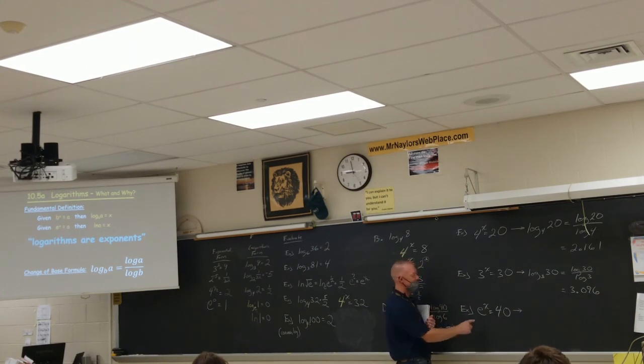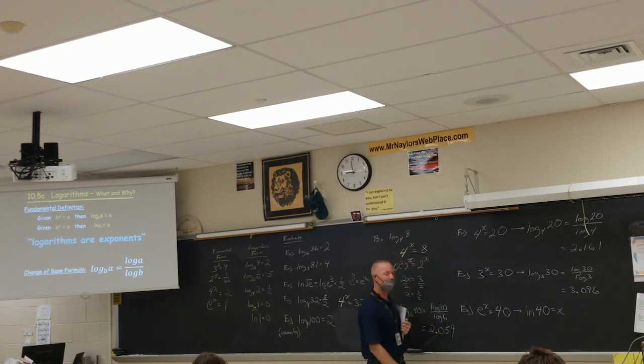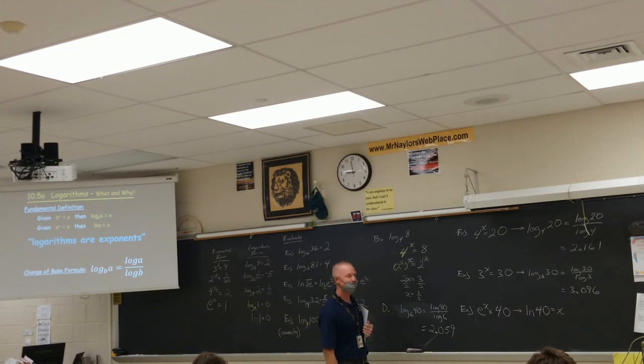But listen, it's a base e. Since it's a base e, I use a natural log. If you put the numbers where they should go, you would realize that it has to be the natural log of 40 that would equal x. Now that is a button on your calculator.